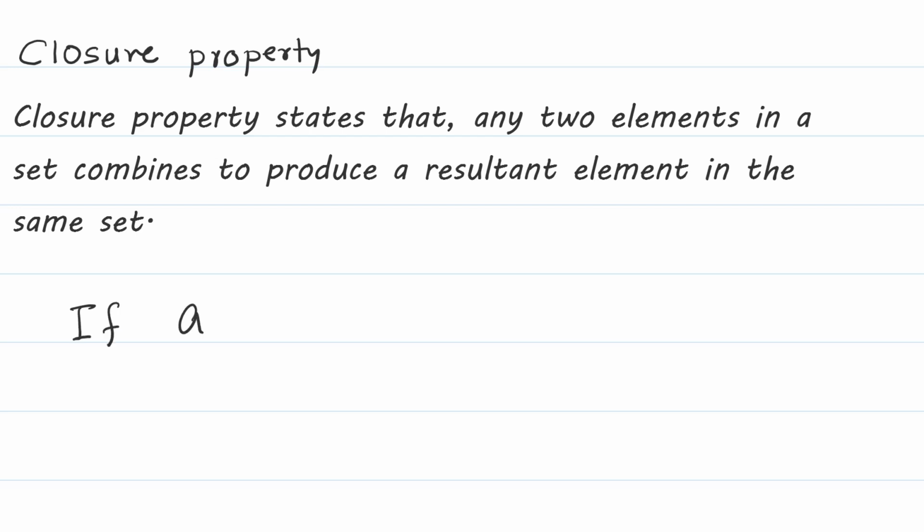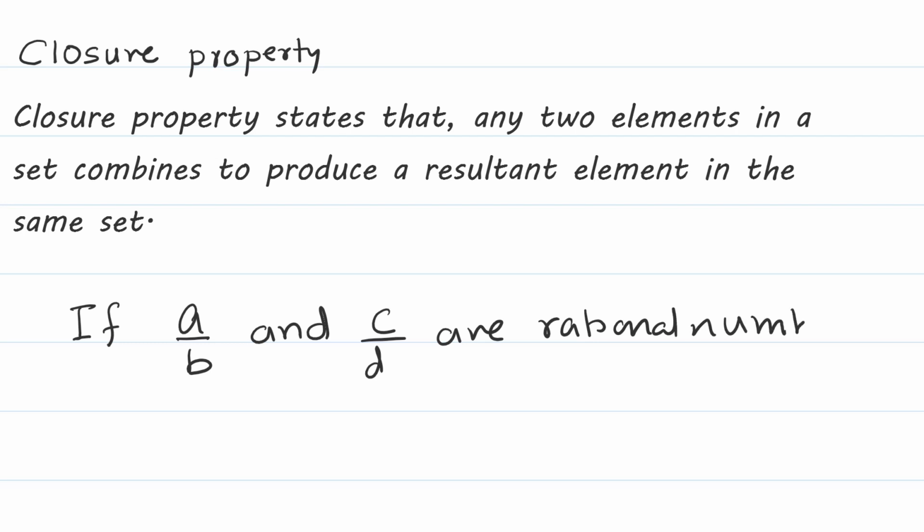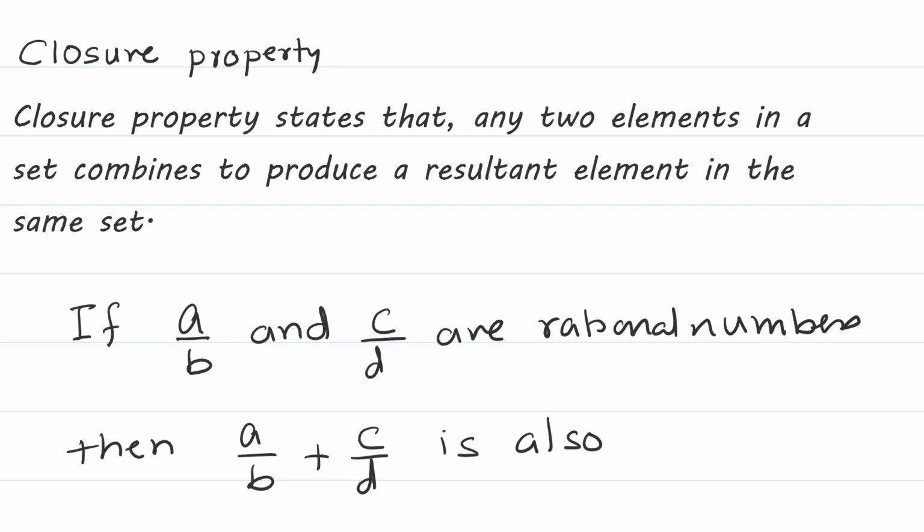If A upon B and C upon D are rational numbers, then A upon B plus C upon D is also rational. So this is closure property of addition of rational numbers.